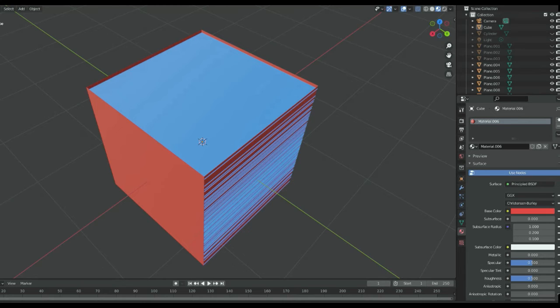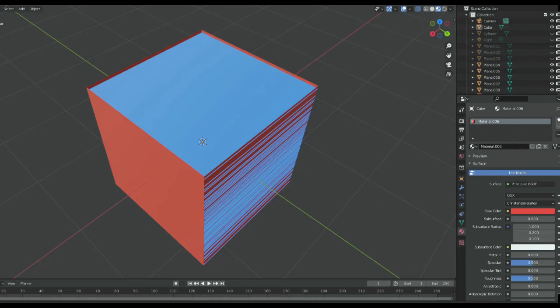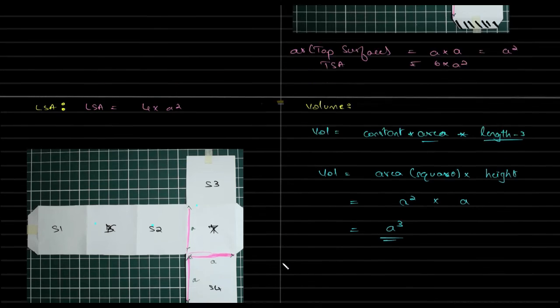Like over here, in this case, this was empty. So there was no volume per se in it. There was no filling in it. But over here, we had some kind of filling. And all of that will make up a volume. Got it? So this is the volume of a cube.